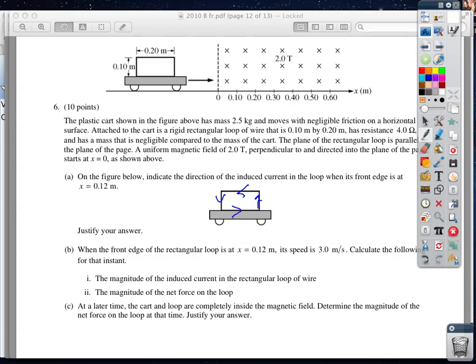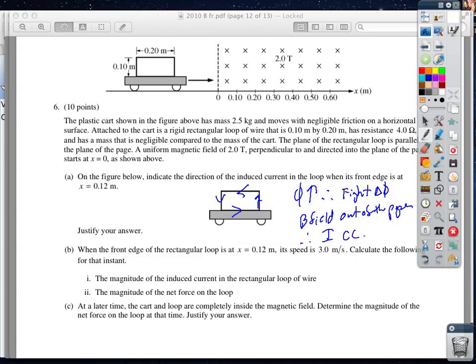I think I drew it right this time. Why would I justify? I would say flux is increasing, therefore I must fight the delta phi, so my B field is out of the paper, therefore the current is counterclockwise. However you want to explain it.